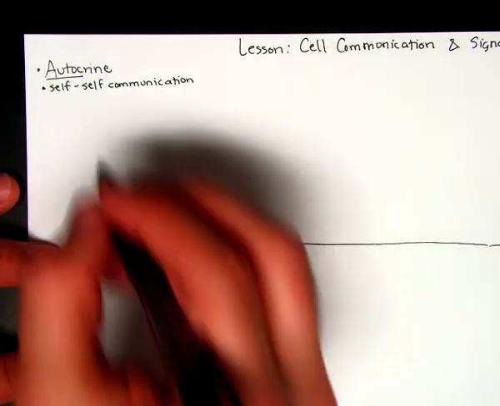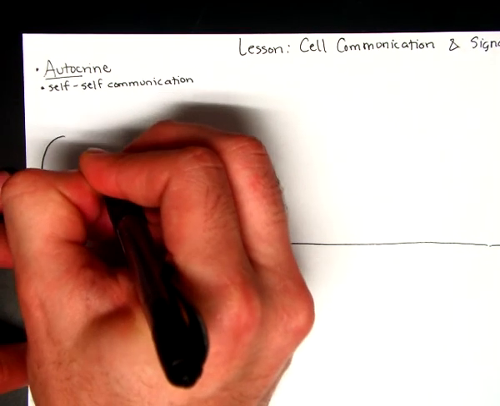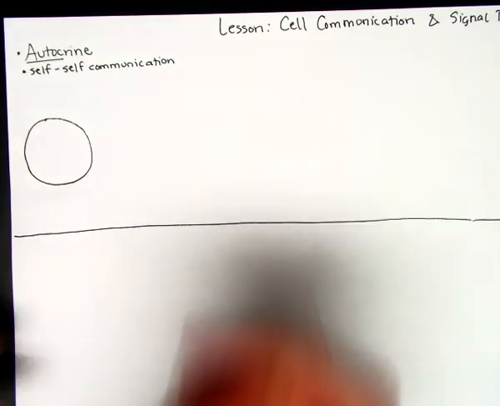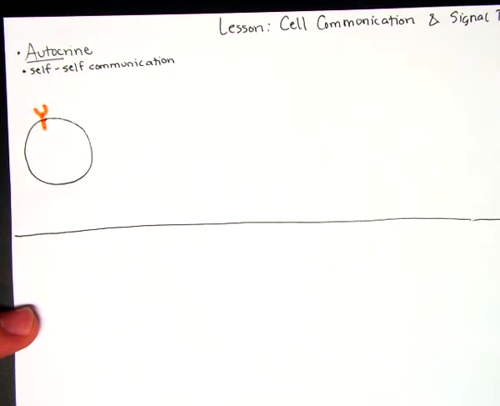So an example of this, we have a cell here. This cell has a receptor.